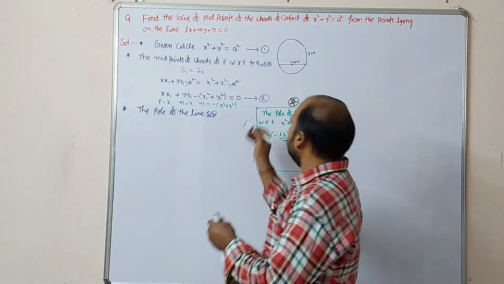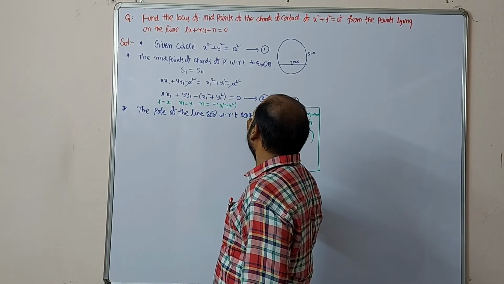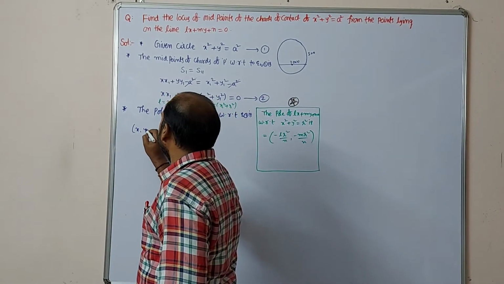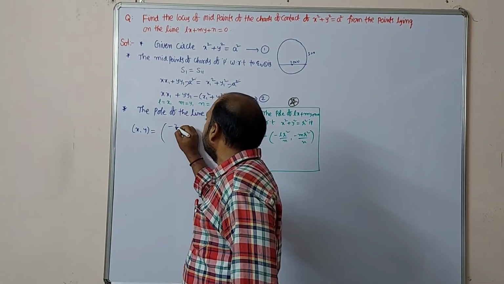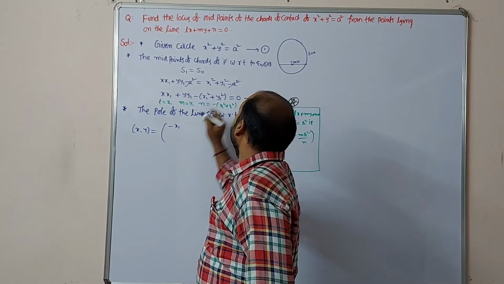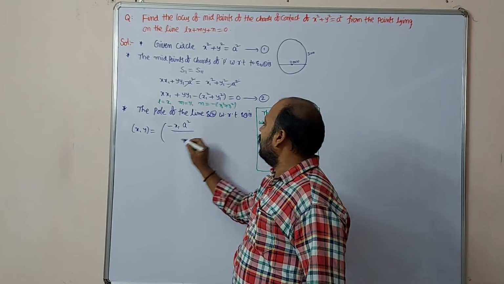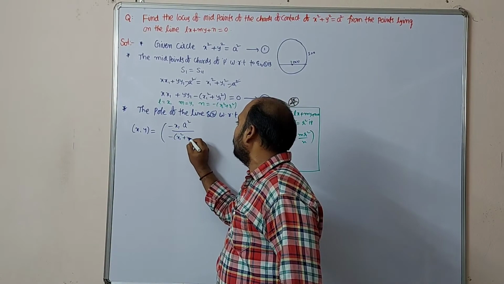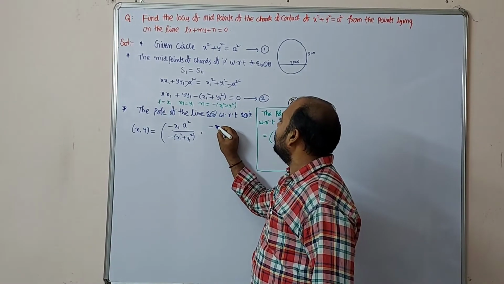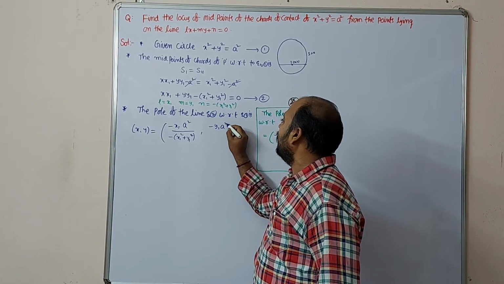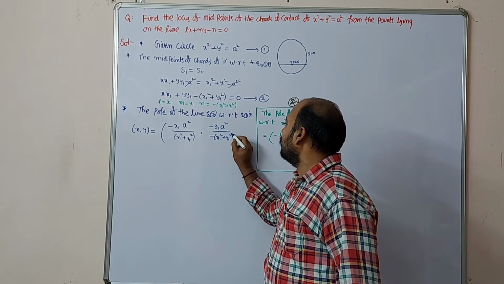The pole of the line equation 2 with respect to equation 1 is, write the formula, x comma y is equal to minus lr square by n, L value is x1, r square is a square here, n value is minus of x1 square plus y1 square, comma minus mr square by n, m value is y1 into a square by minus x1 square plus y1 square.